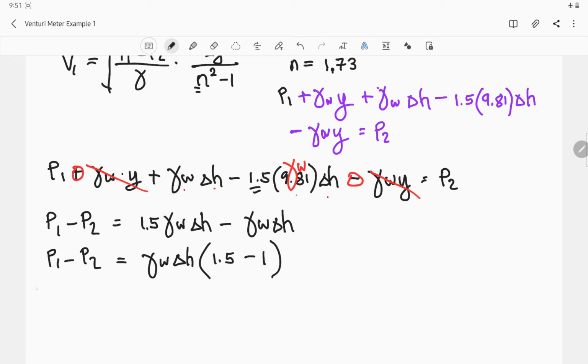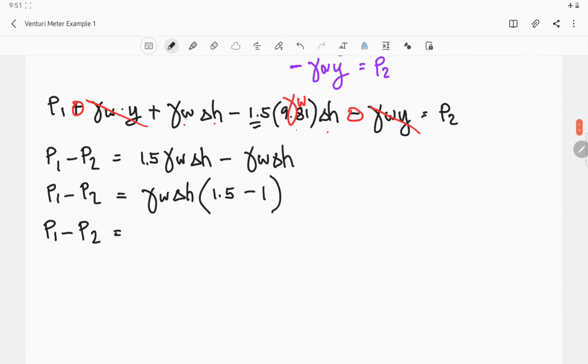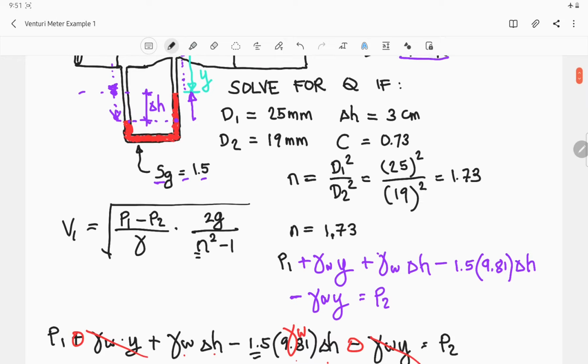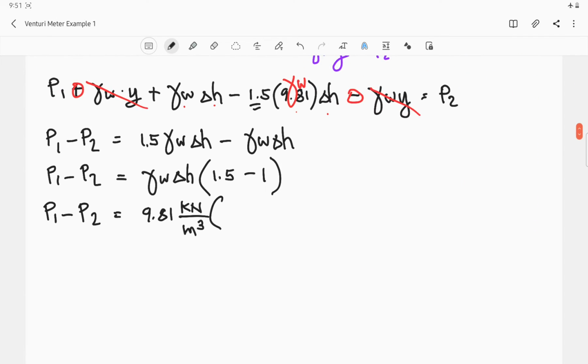So P1 minus P2 is gamma of water. That's the unit weight 9.81 kilonewton per cubic meter, times delta H. This delta H is 3 cm.